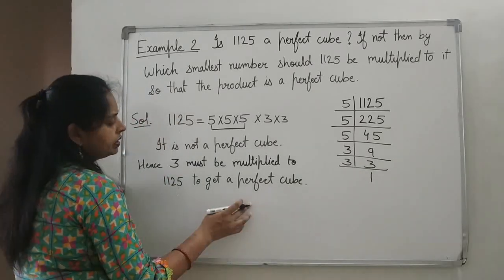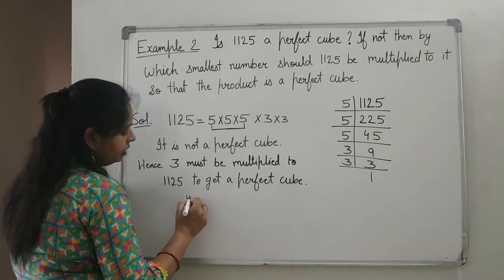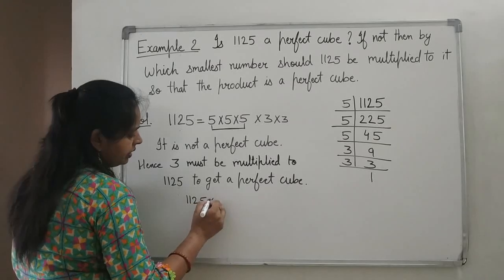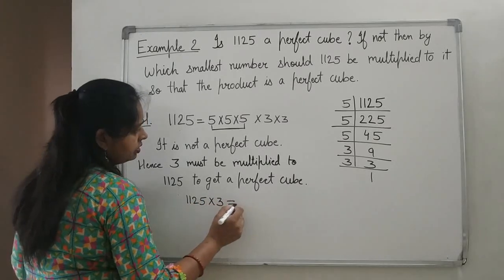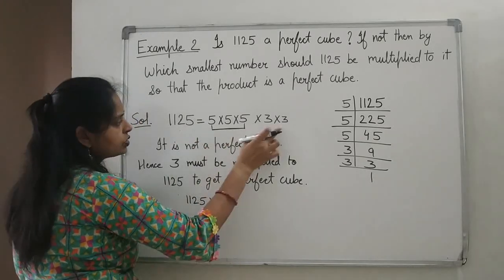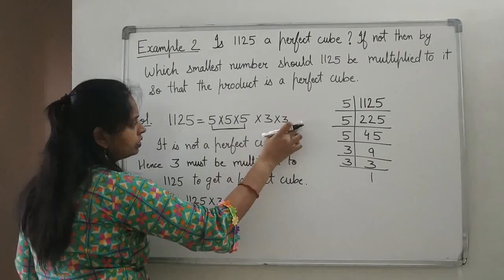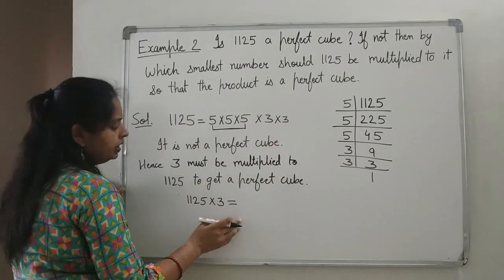Right? They are asking for the perfect cube number. So 1125 multiplied by 3. If I am multiplying 3 here, obviously we will get one more 3 here, so this number will become a perfect cube.